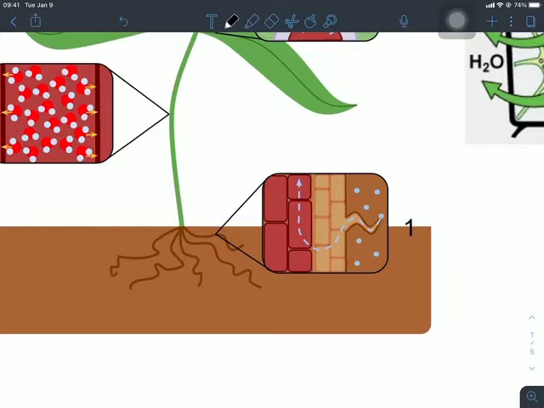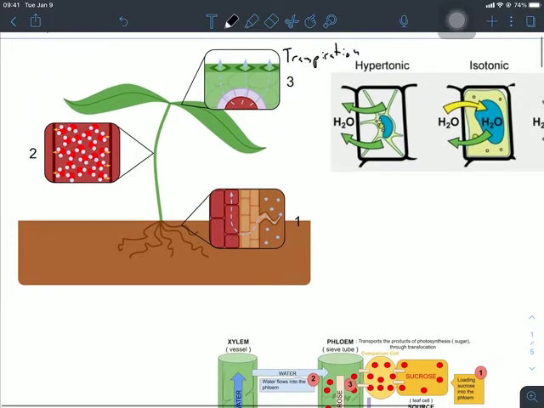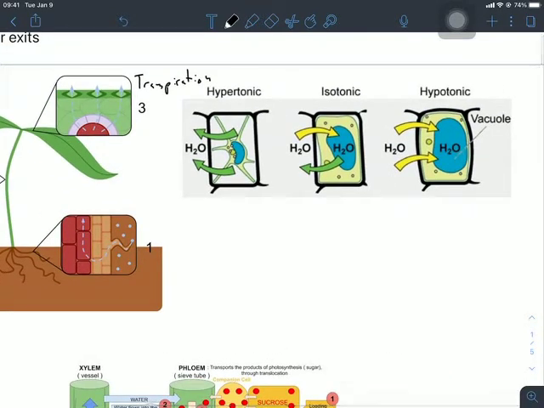Structures like the Casparian strip, made of polymers like lignin and suberin, force water into a symplastic rather than apoplastic method of transport. We also talked about how the water surrounding a cell can influence which direction the water will go.